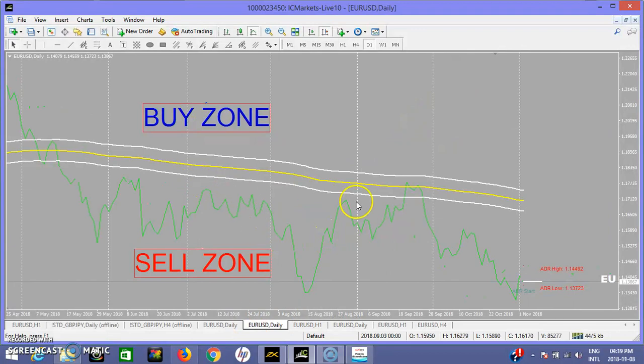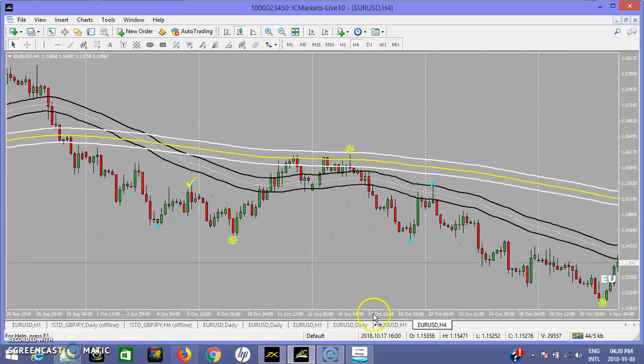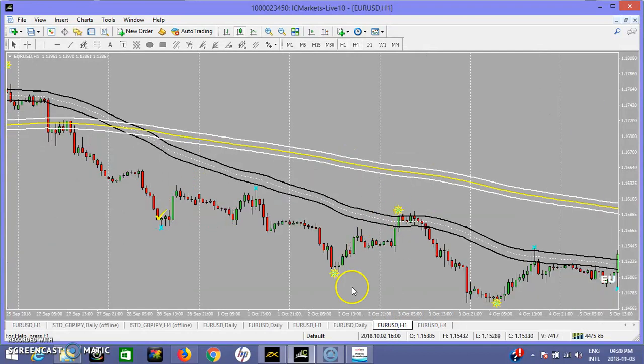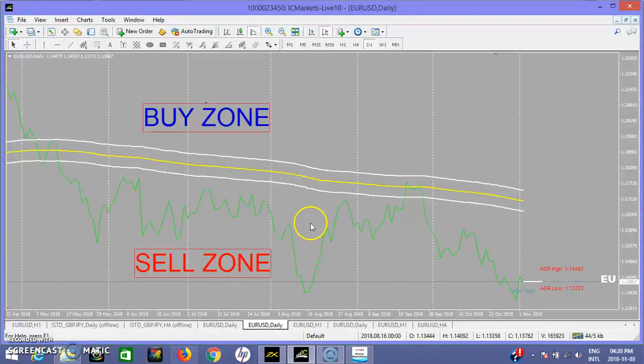Here it is, the daily chart. Then the second one is the 4 hour, where we can look for retracement and the signals. This is the 4 hour, then 1 hour. Okay, so let me go back to the daily chart.